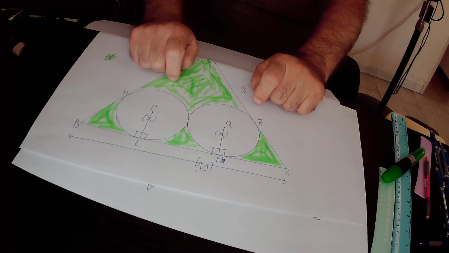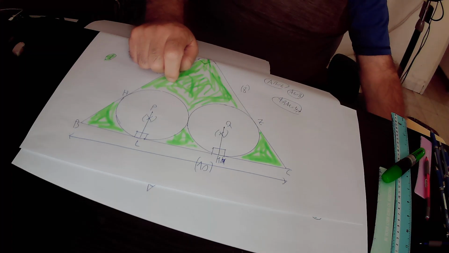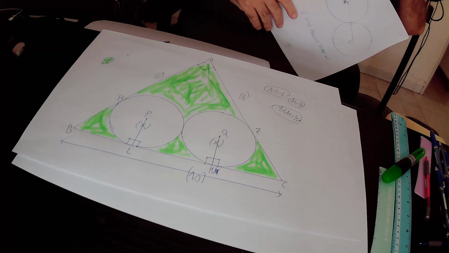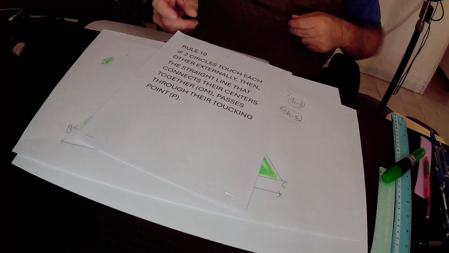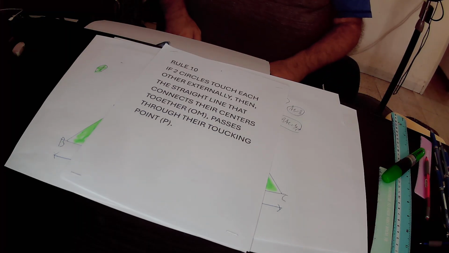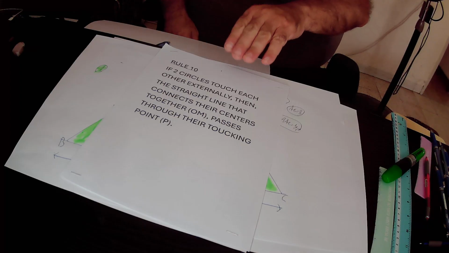So please click on rule 10. According to rule 10, if two circles touch each other externally, then the straight line that connects their centers together passes through their touching point.